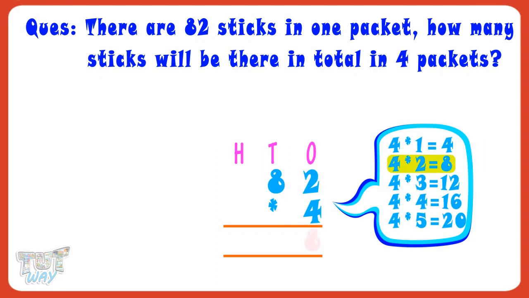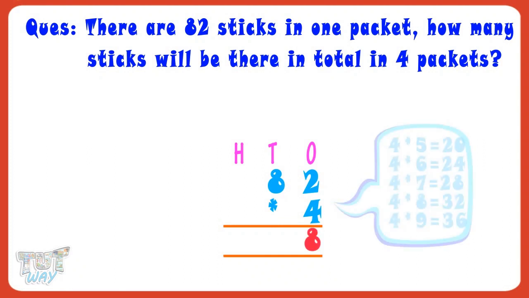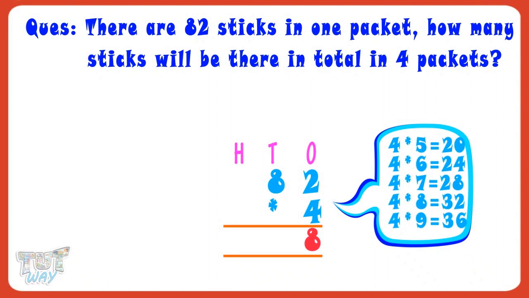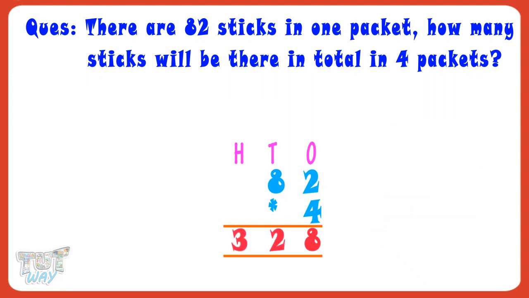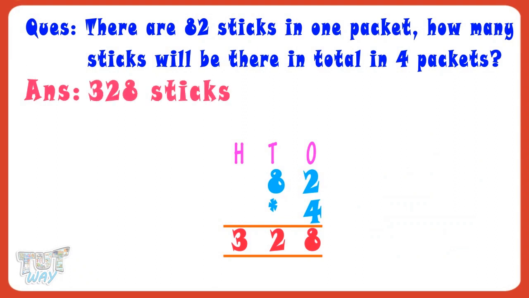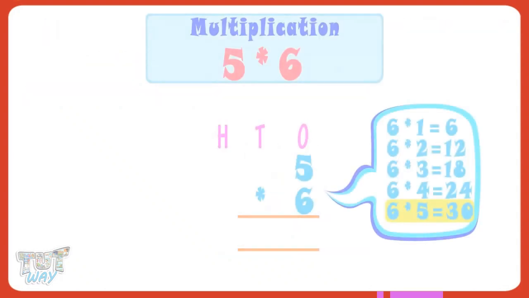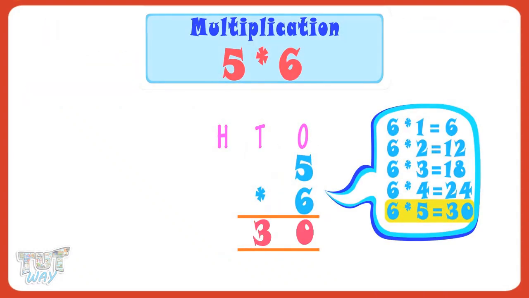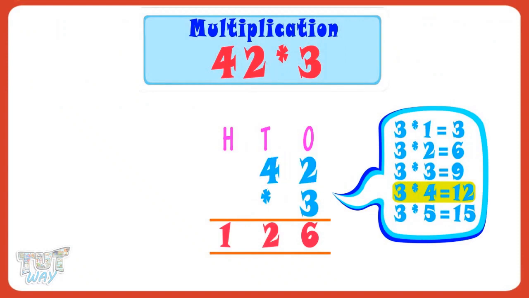So write 8 in the answer at ones place. Now, what is 4 multiplied by 8? It is 32. So write 32 in the answer. So our answer is 328. So kids, today we learned how to multiply single-digit or double-digit numbers with a single-digit number.